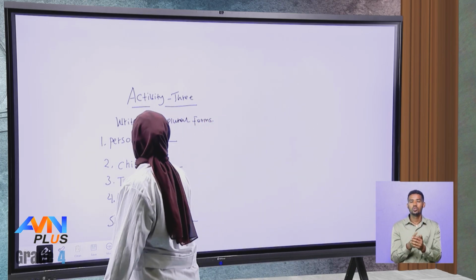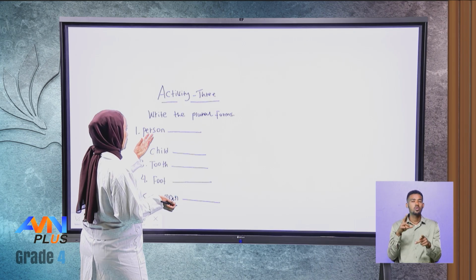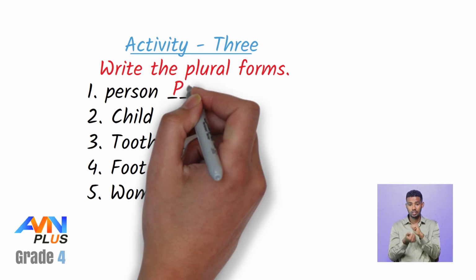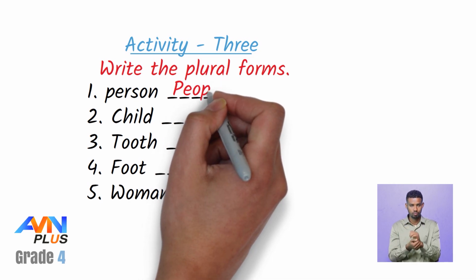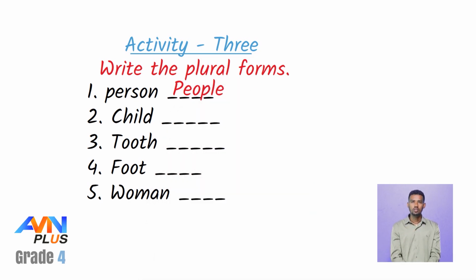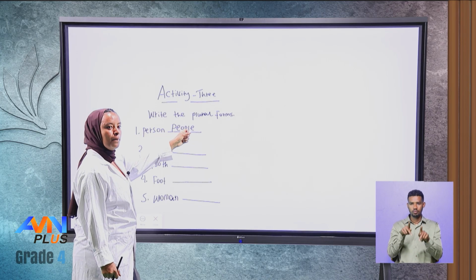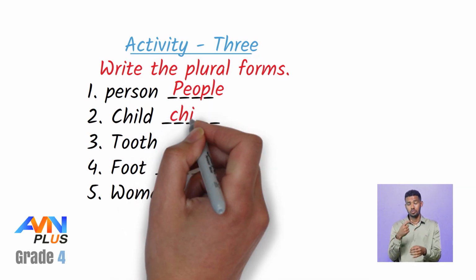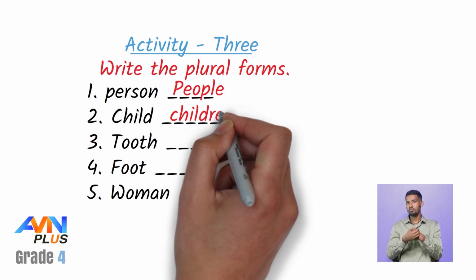When we say person, we don't add s at the end of this noun, but change it to people. Person, people. Child, the same, we change it. Child, children.